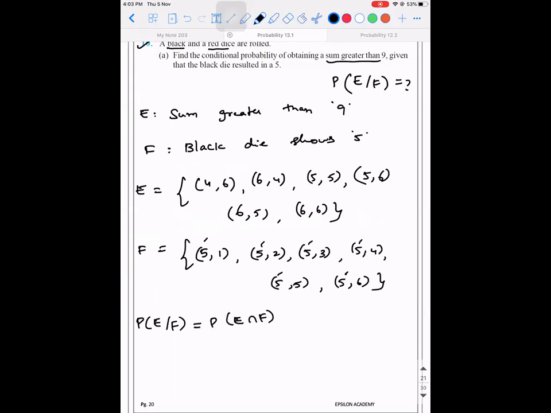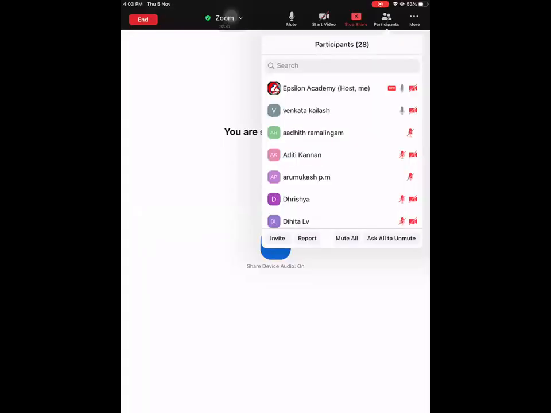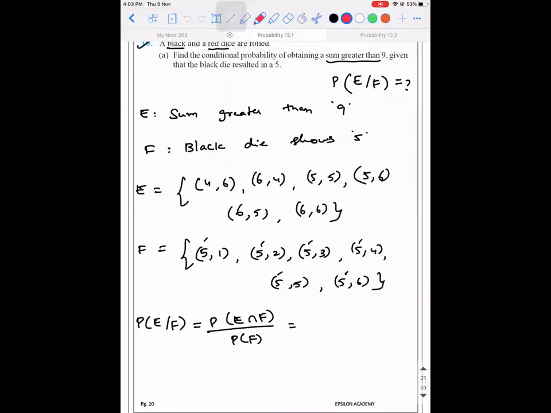Probability of E intersection F divided by probability of F. In the intersection, 4, 6 is not there, 6, 4 is not there, so it should only start with 5. So 5, 5 and 5, 6. That's it. So it is 2 out of 6, which is 1 by 3.